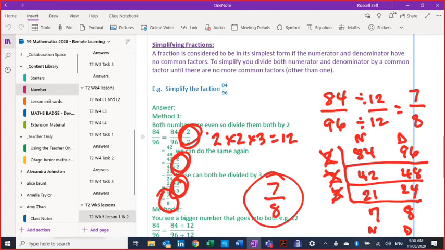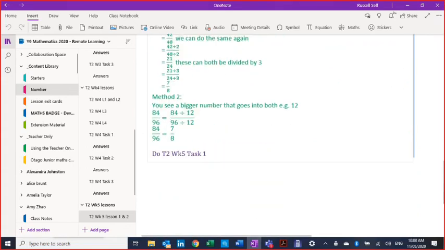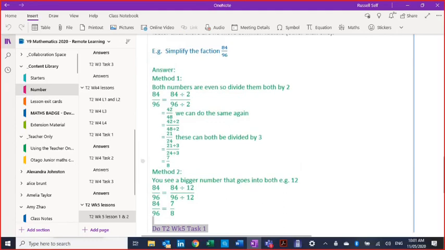Now, you don't have to do it that way. You can just do it like they did. Just divide again, divide again, divide again. Whatever method you like is perfectly fine with me. And again, if you see another number, so if you had seen the original numbers and saw they both divide by 4, you divided by 4.